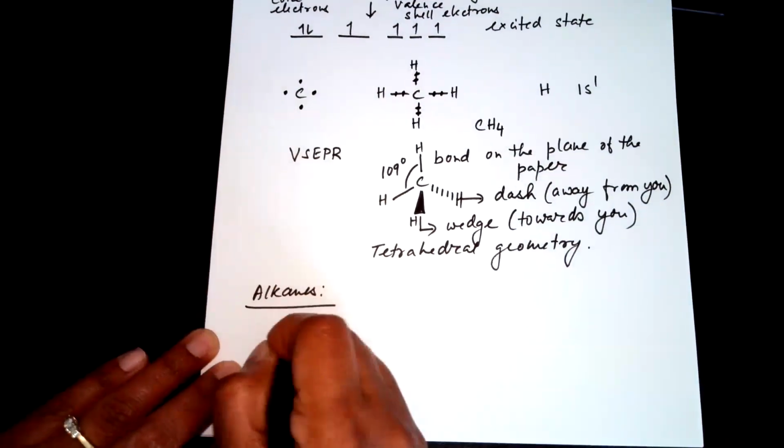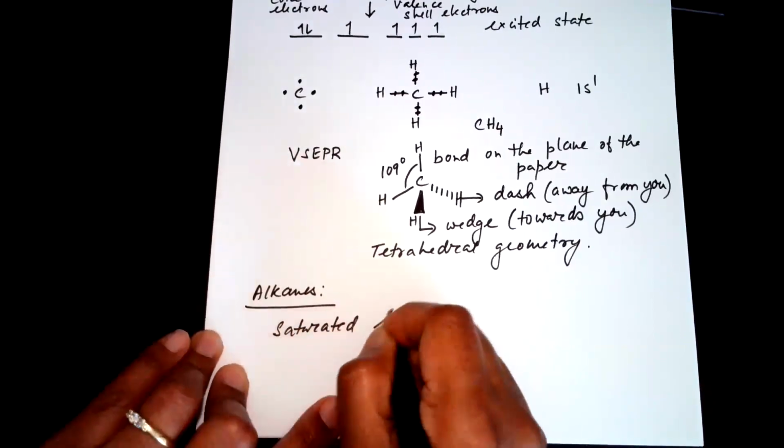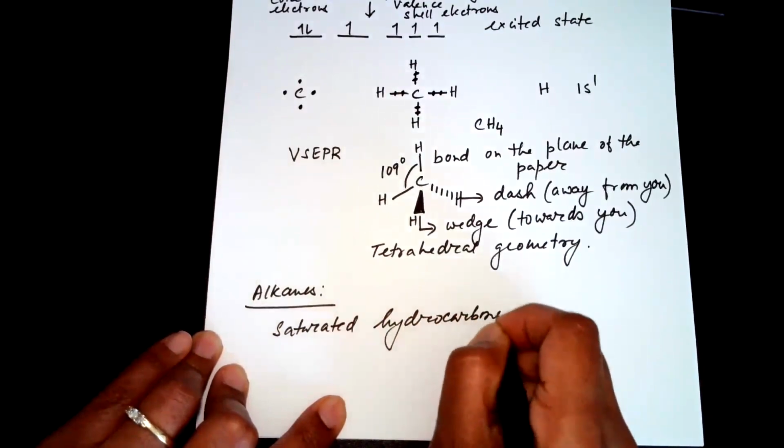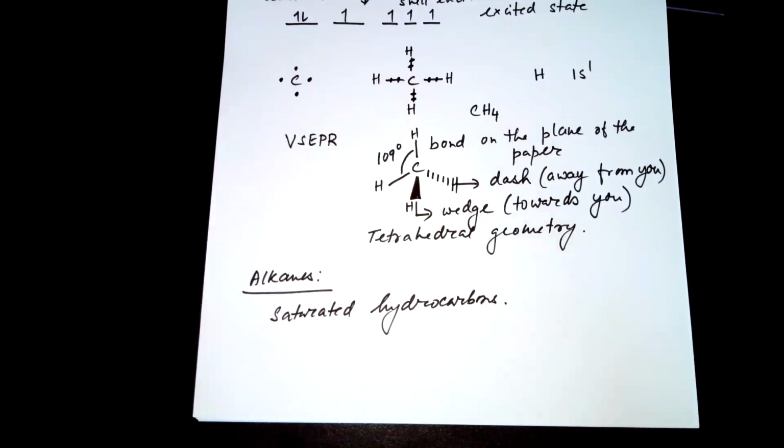The alkanes are saturated hydrocarbons. Hydrocarbons would be carbon-hydrogen molecules, and saturated would mean they are full with hydrogen to the maximum possible capacity.